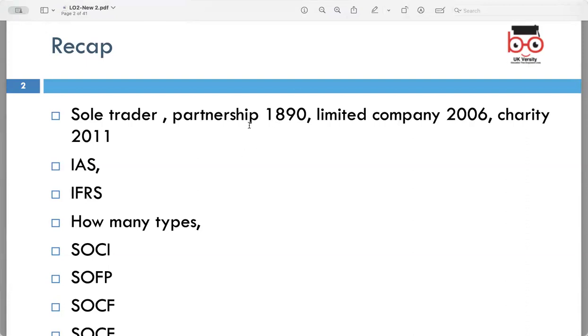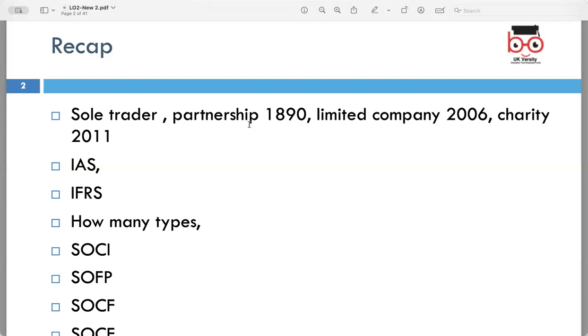A sole trader is a business owned and operated by a single individual. Partnership involves two or more individuals who share ownership of a business. Then a limited company is a more complex business structure where the company is a separate legal entity from its owners.